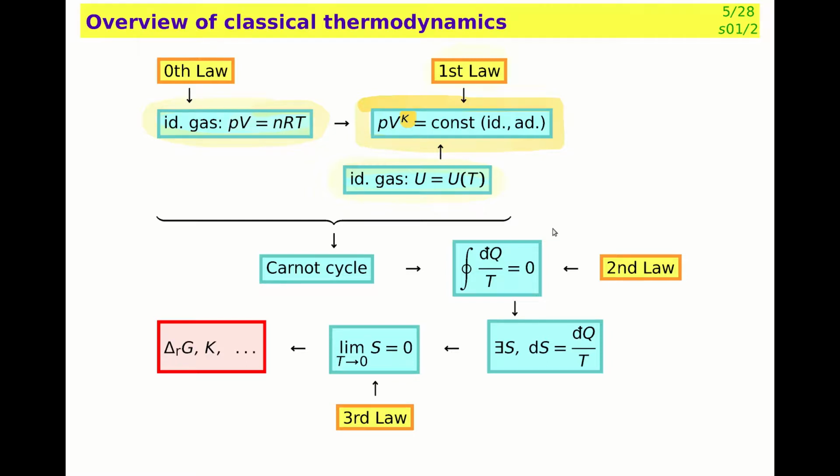Then I'll postulate the principle of a heat engine. It is an engine or something that takes heat from one bath, let us say with temperature T2, converts some heat into work, and also delivers some waste heat to the second bath of temperature T1, which is lower.